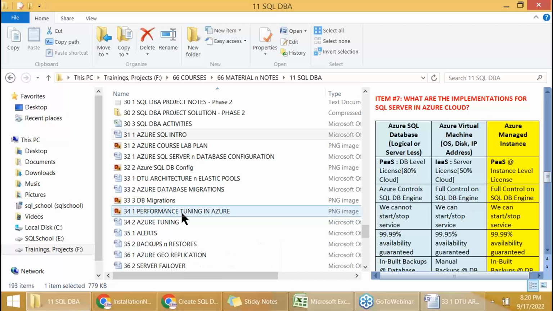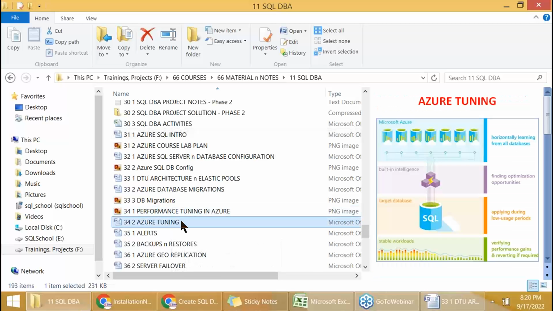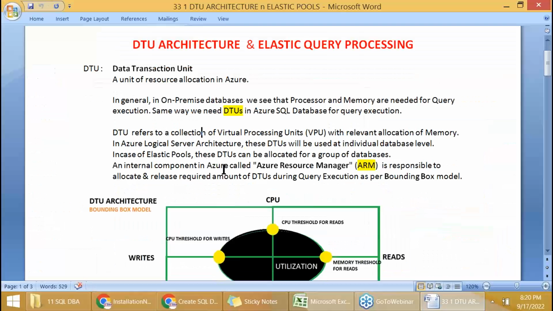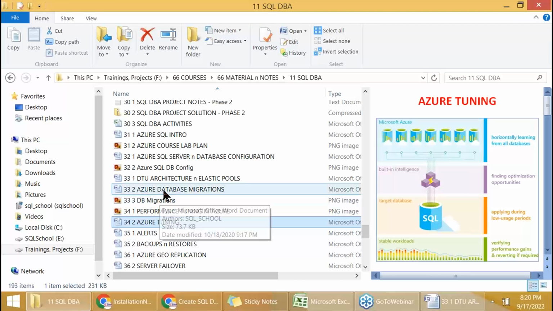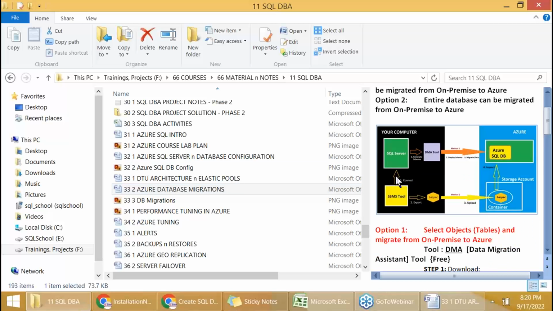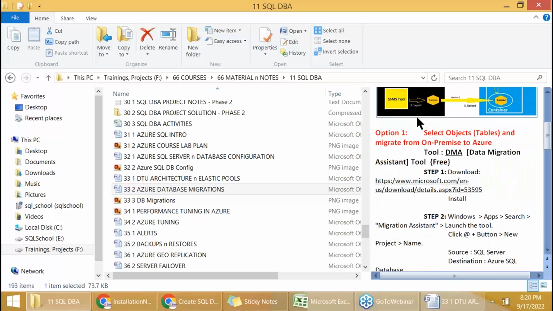There comes the concept of tuning, we are talking about the 34th chapter right now in the curriculum. For understanding tuning, we are taking the base activity right now, ARM, Azure Resource Manager. In the previous class we learned how to test on-premise to Azure migration, with select star from table name from SSMS.